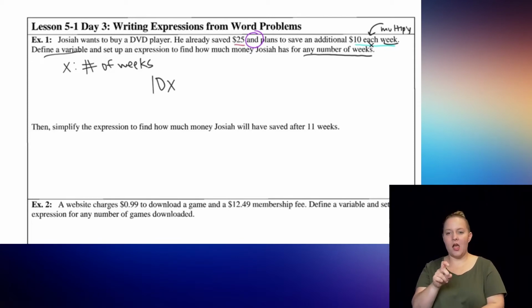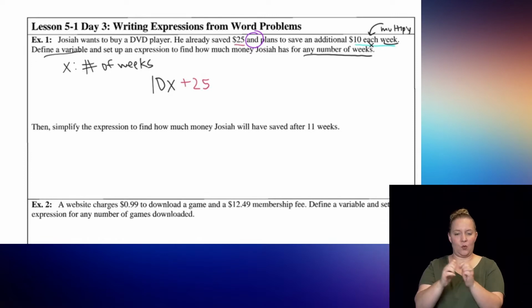And then we already have saved $25. So that's going to be a plus 25. You could also write this as 25 plus 10x, but make sure that x is attached to the 10 because it's $10 each week. So for 3 weeks or for 4 weeks, I know that I'm taking $10 times that number of weeks. So here's our expression.